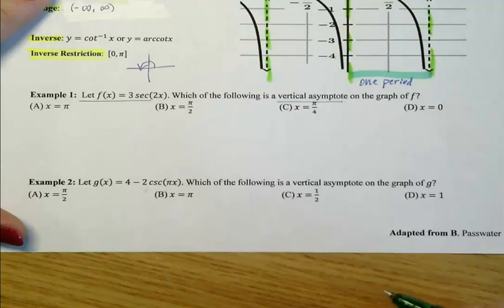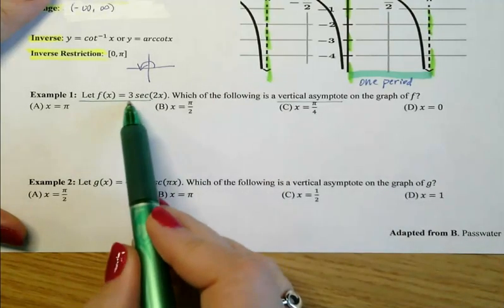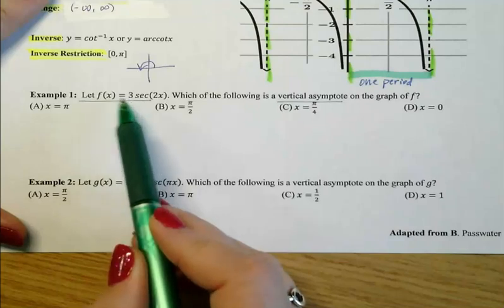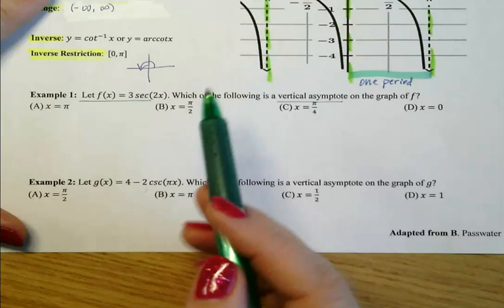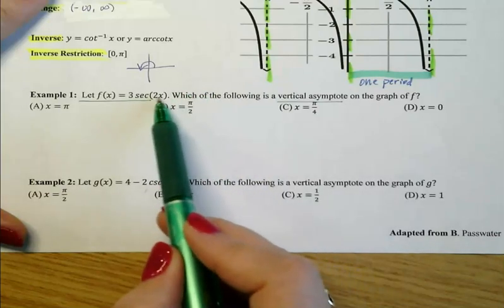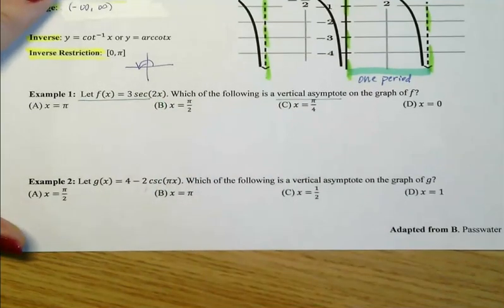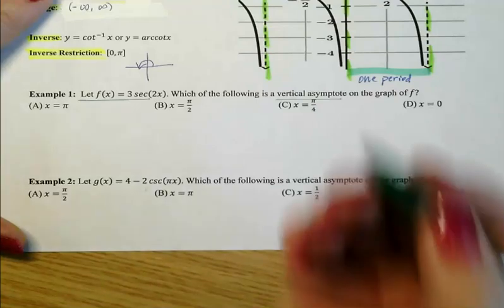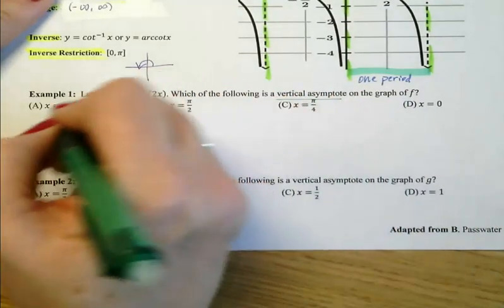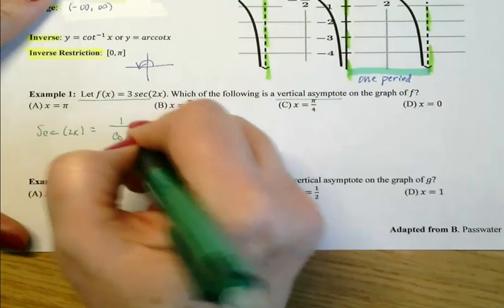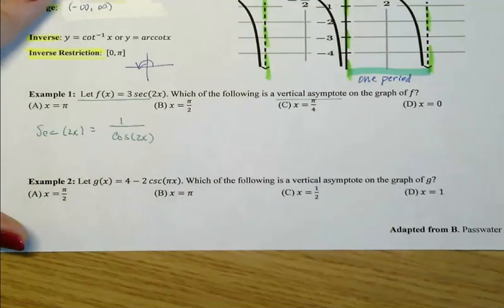So there's a couple of ways we can approach this. When we look at the function itself, we know it's had a vertical dilation by 3. And then we have some horizontal stuff going in here because we have some frequency there. So basically the way that I would deal with finding vertical asymptotes is I would make sure I remember that secant of 2x is the same thing as 1 over cosine of 2x.